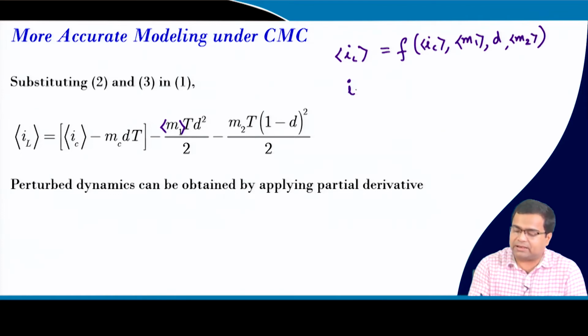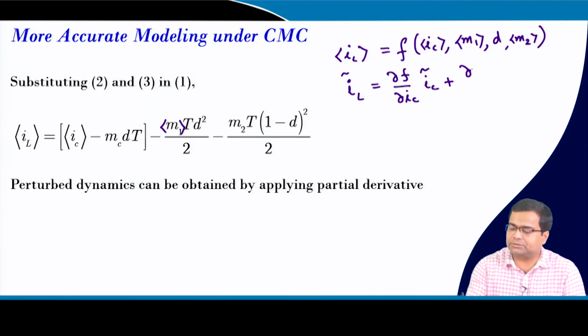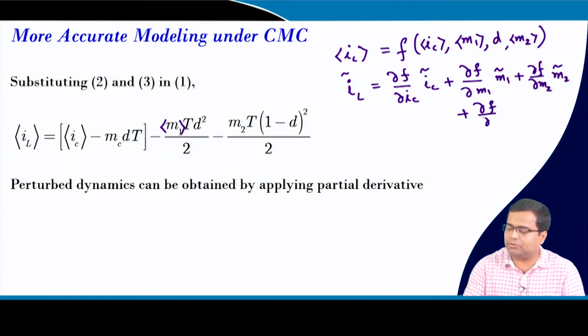Then I can obtain IL tilde to be dou F dou IC into IC tilde plus dou F dou M1 into M1 tilde plus dou F dou M2 into M2 tilde plus dou F dou D into D tilde.